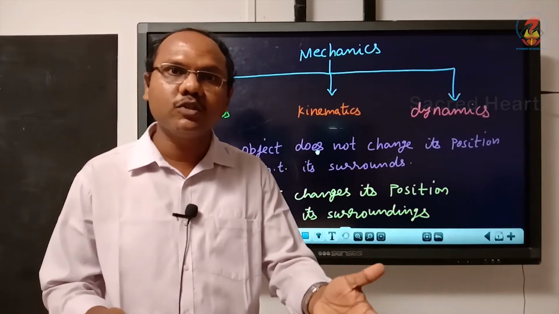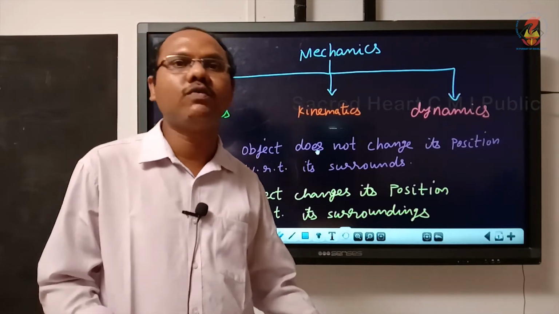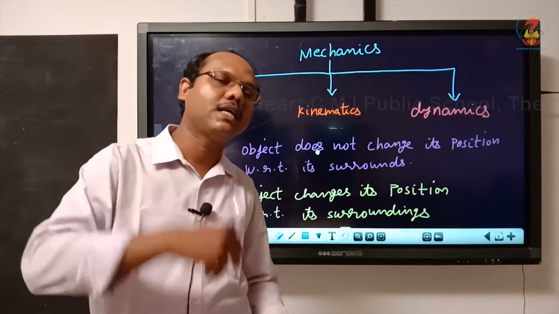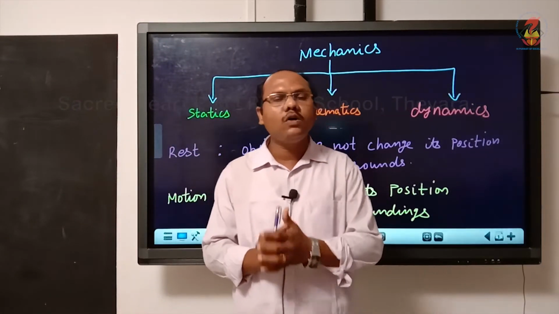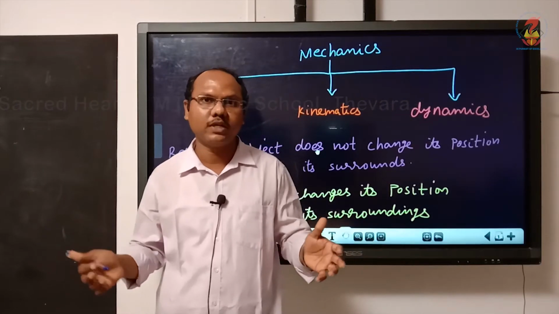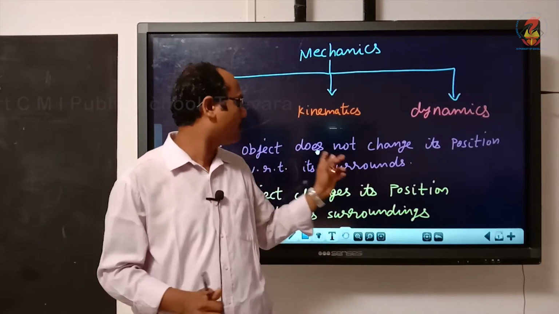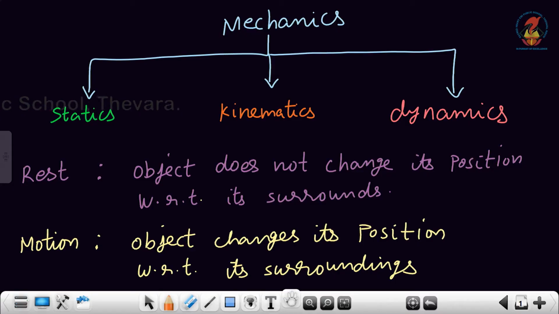What is the cause of motion? Some force should come, no? For that, the engine should work and provide a force. That mechanical force helps the car to move in a straight line. But I am not discussing the cause of its motion. I am just telling the car moved. That branch is kinematics. Now the third thing is dynamics.